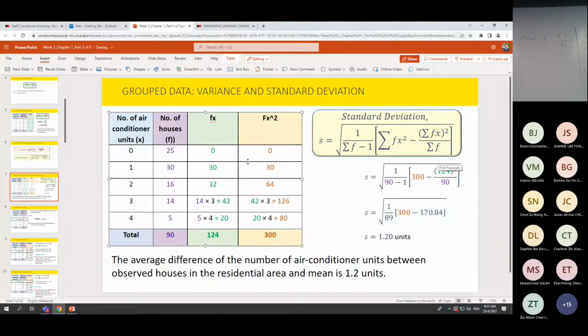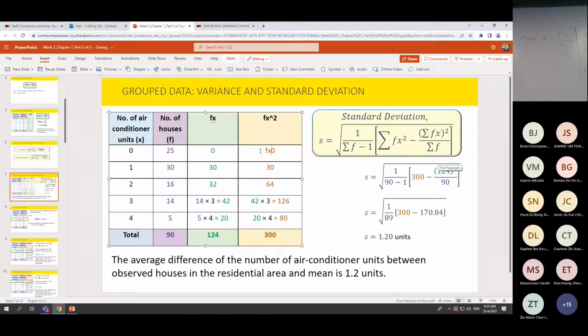Fx power 2. So how to calculate the fx power 2 for each class? The first class is using 0 multiplied with x. There are two ways to get the answer. You can use the green column multiplied with the blue column. Green multiply the blue.